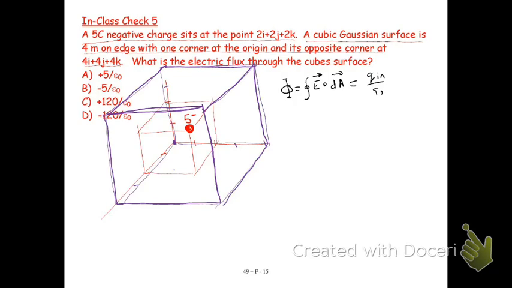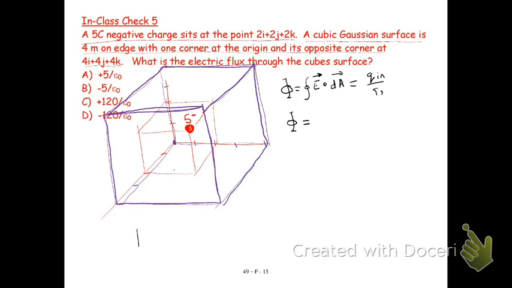Let's have a look. What is my Q inside? Is this 5 coulombs negative inside the Gaussian surface, or is it outside the Gaussian surface? It's inside, isn't it?